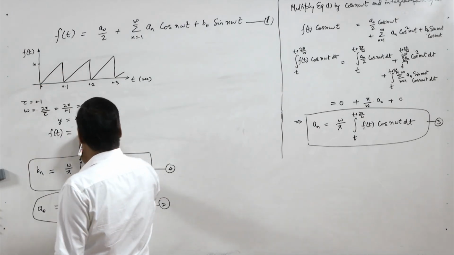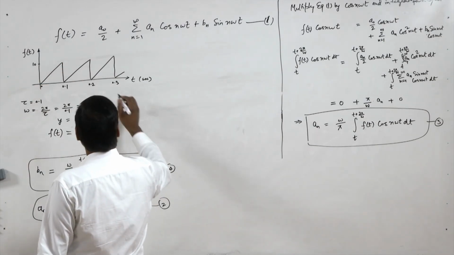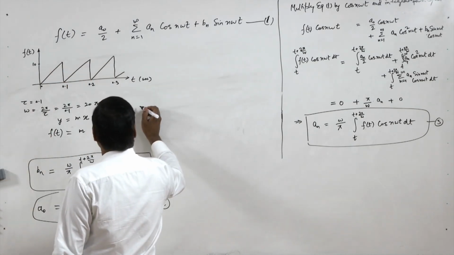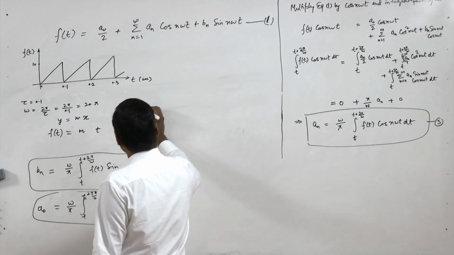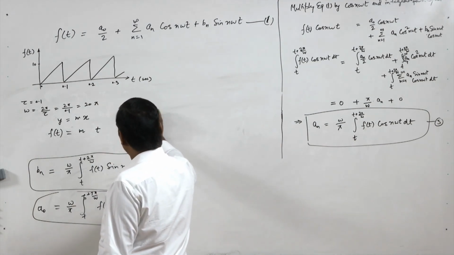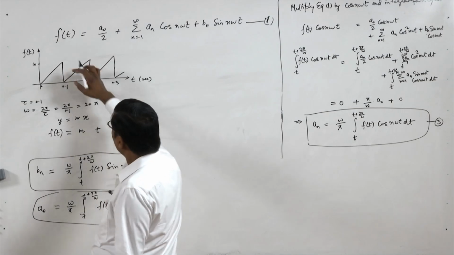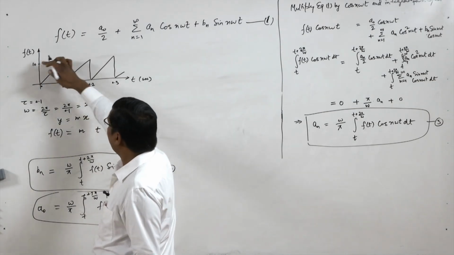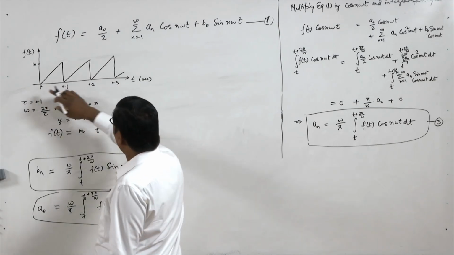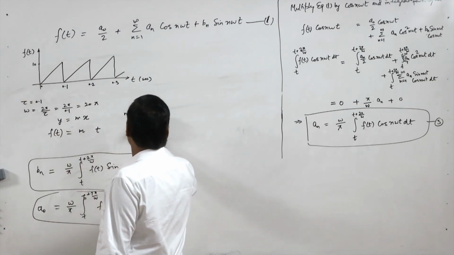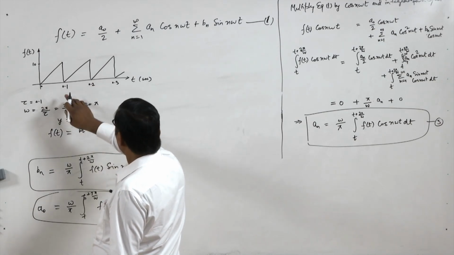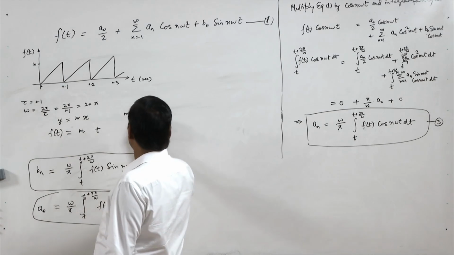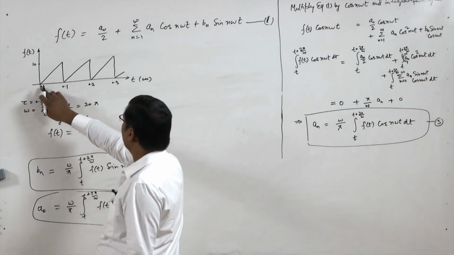To find the slope m, we take this point and this point, and write m equal to y2 minus y1 upon x2 minus x1. y2 here means the value of f(t) here, which is 10, and the value of f(t) here is 0, upon t, which is 0.1 minus 0.